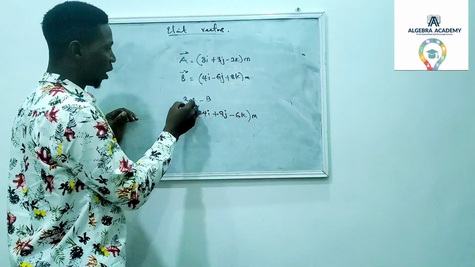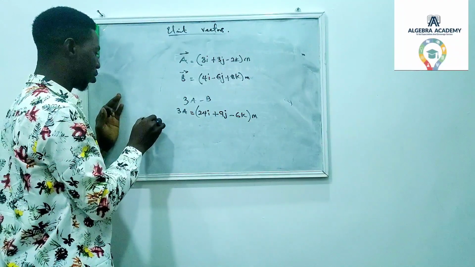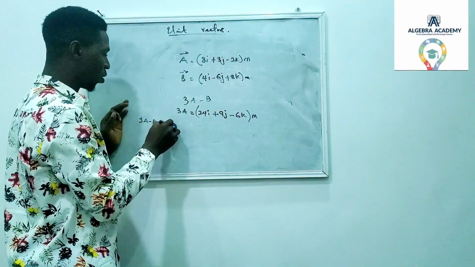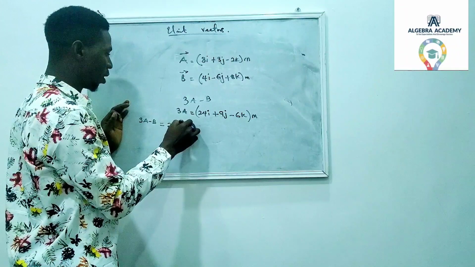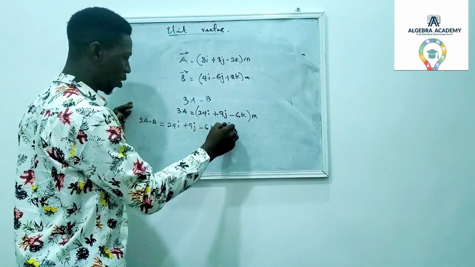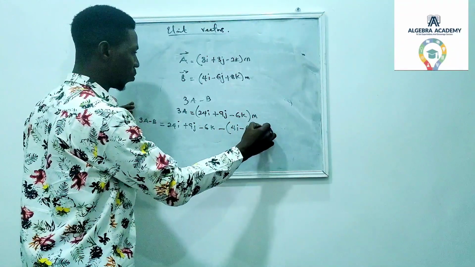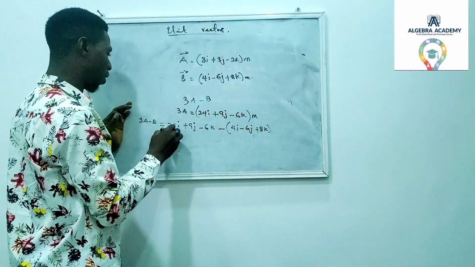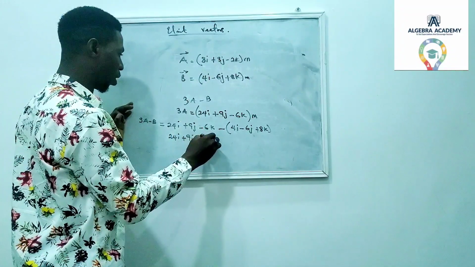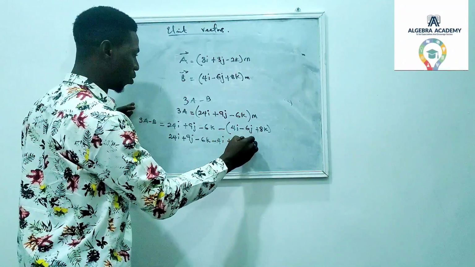So for us to find 3a minus b, we're going to write out all your a that you have just gotten by multiplying 3 by the bracket. So it's going to give you 24i plus 9j minus 6k, minus, then you write your b, 4i minus 6j plus 8k. Then we open the bracket, we're going to have 24i plus 9j minus 6k minus 4i plus 6j minus 8k.